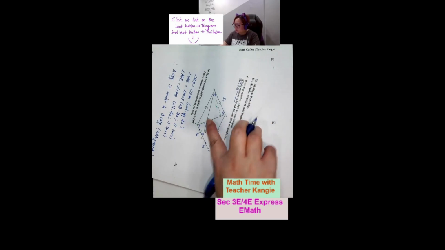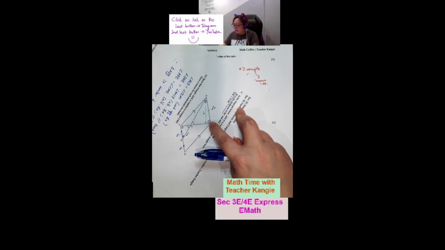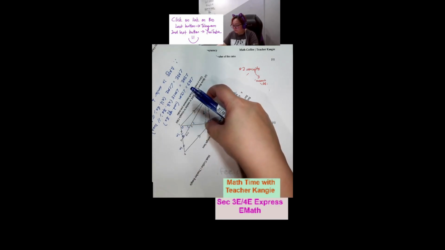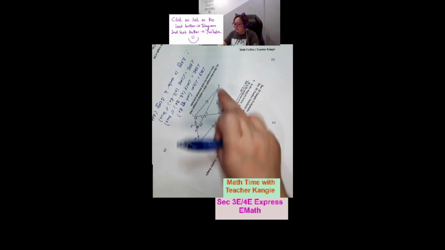The ADE. Do you agree it is half times base times height, right? Because it's a triangle. Now I want to talk about triangle ADE. So it's half times the base, which is the AE, multiplied by this H. So I will write as the top part is half times AE multiplied by the H. That's the area of the triangle ADE.